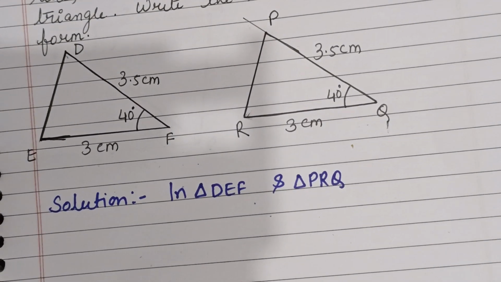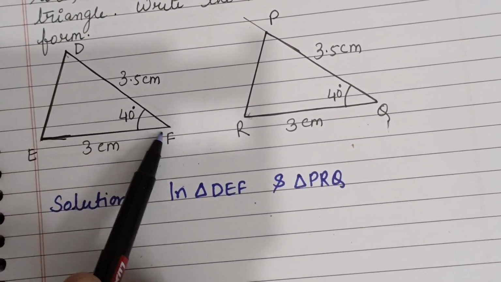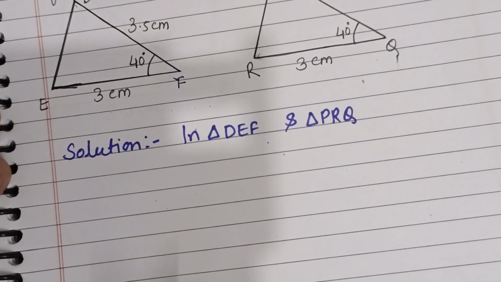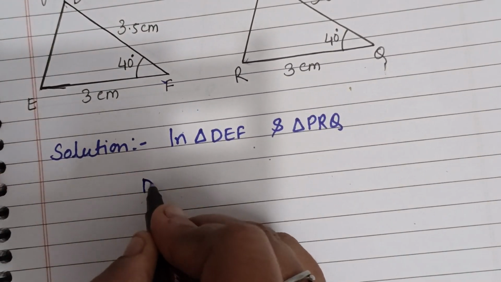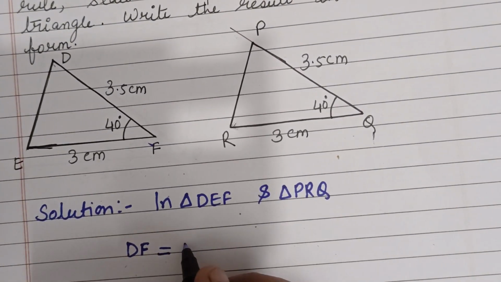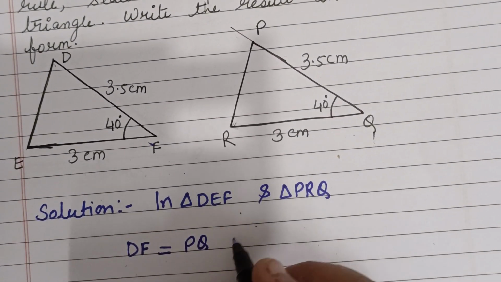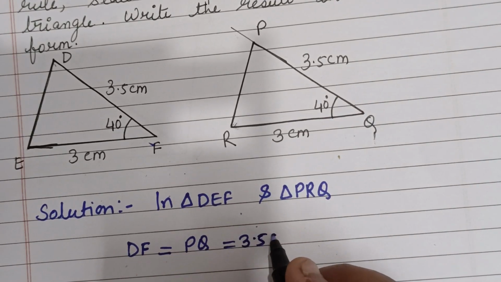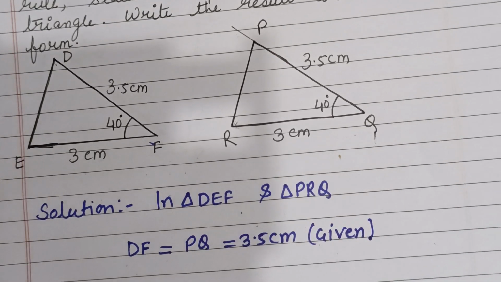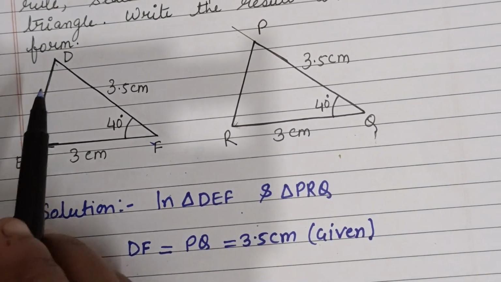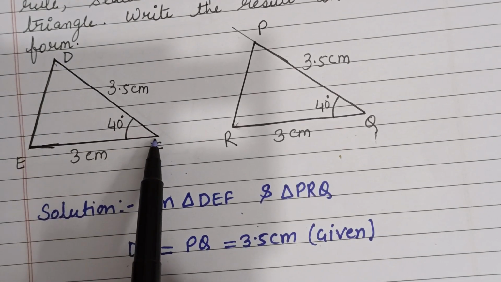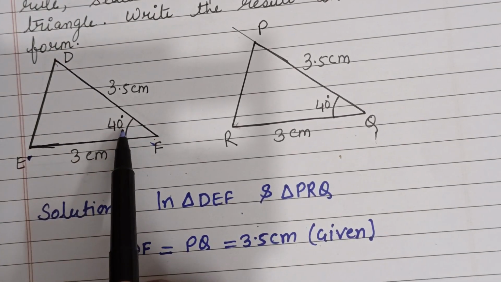Now here we can see that DF is equal to PQ. So at first we will write DF equals PQ, which is 3.5 centimeter, and it is given in the question. After that we can see that angle DFE is 40 degree.